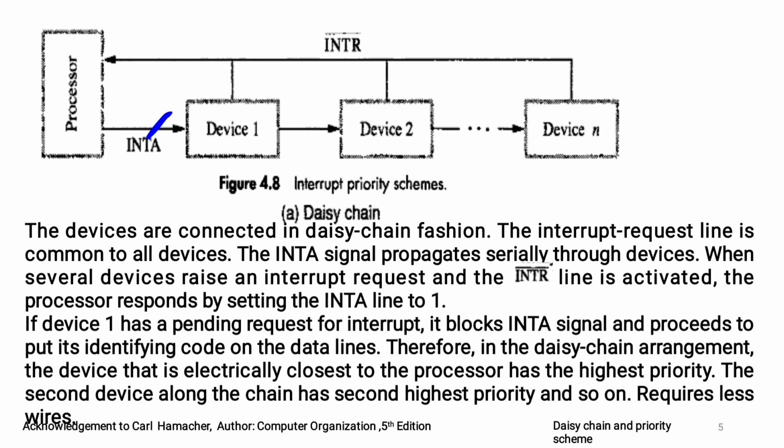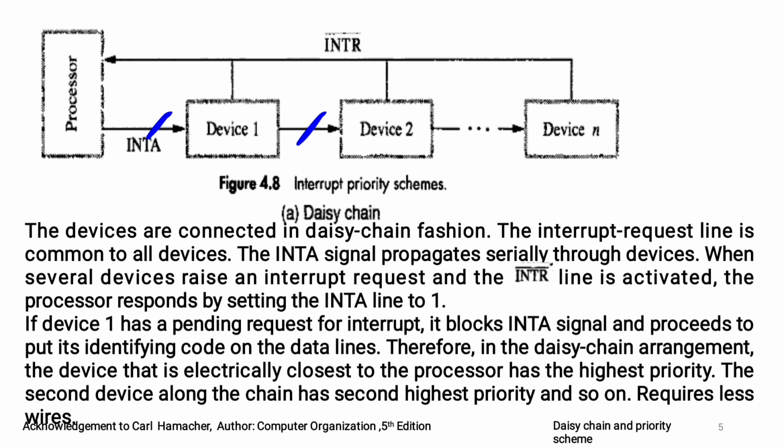Suppose device 2 has raised the request, then device 1 will not block the INTA signal. It will pass the INTA signal to device 2. Device 2 will block this and notify the processor of its identifying code, and hence the processor serves device 2 by executing the interrupt service routine which corresponds to device 2.